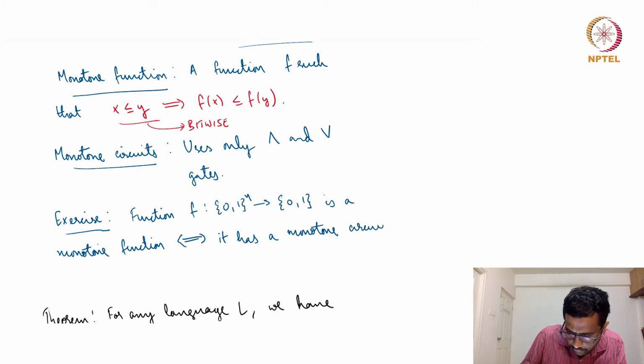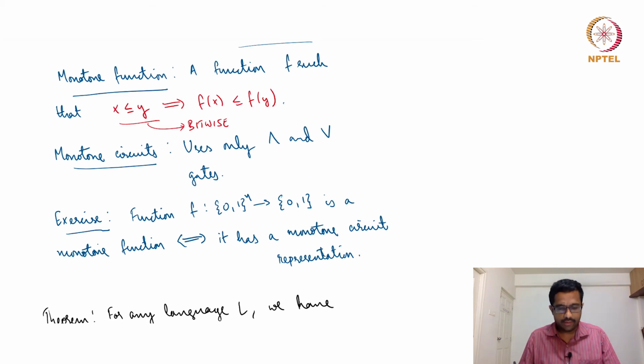So the set of all functions that can be expressed using monotone circuits are exactly the class of monotone functions. So that's why I said the naming is not an accident.